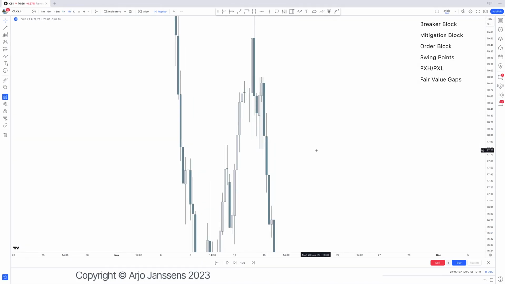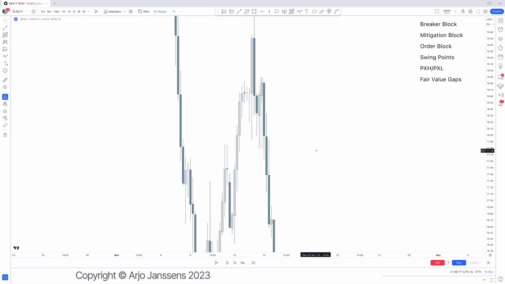That becomes what? An order block. So it's only relative, which leads me to the next exact point: a breaker block, a mitigation block, and an order block are there for fair value purposes and trap purposes only.